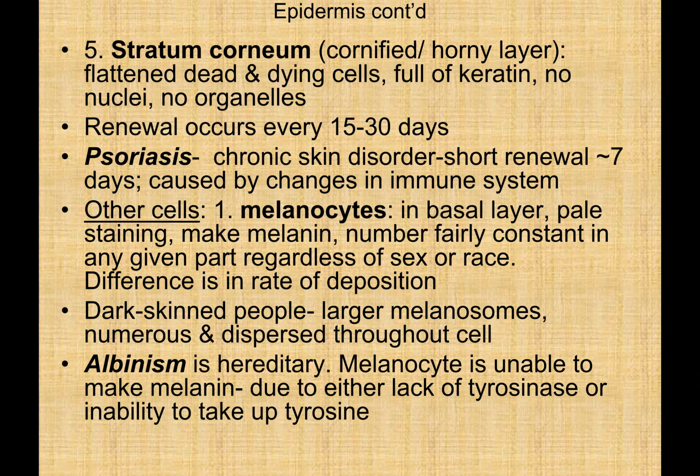So the difference, when we take a white person and a dark person, is that the melanocytes in we, the Africans, especially the dark Africans, are more numerous and larger as compared to those in the whites.